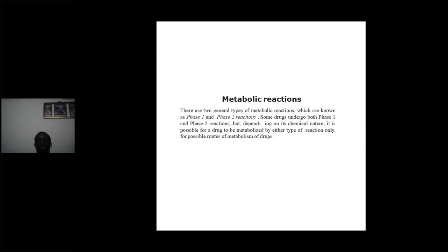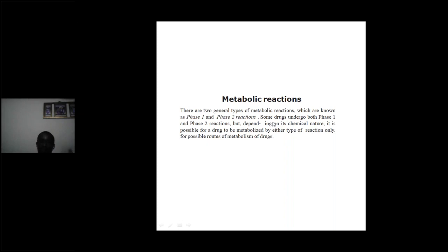So when you are formulating a drug, you need to put all those things into perspective. If you are formulating a drug and you want the drug to be active in the intestinal mucosa, you have to find out if there are enzymes in the intestinal mucosa that can easily break down that drug and make it inactive. Those things are important. So what are metabolic reactions? There are two general types of metabolic reaction, metabolic breaking down.